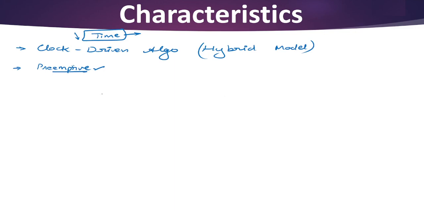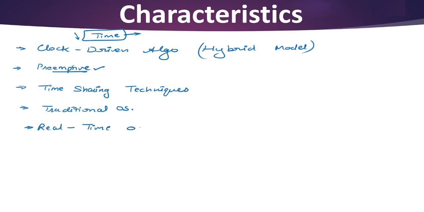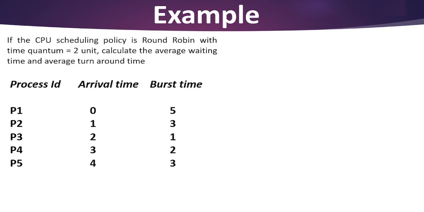Next, the round robin algorithm generally focuses on time sharing techniques, and it is a widely used algorithm in traditional operating systems. Traditional operating systems used it in great detail. And all the real time operating systems and real time machinery always follow the round robin scheduling algorithm. I hope everything is clear till now.